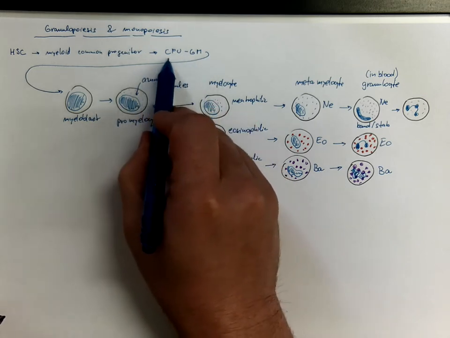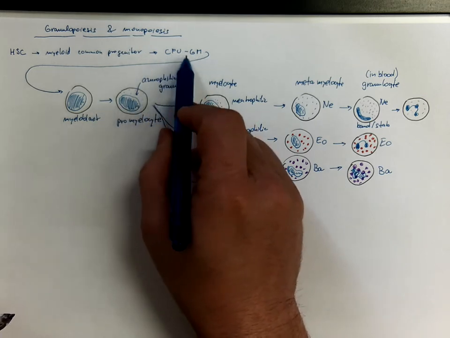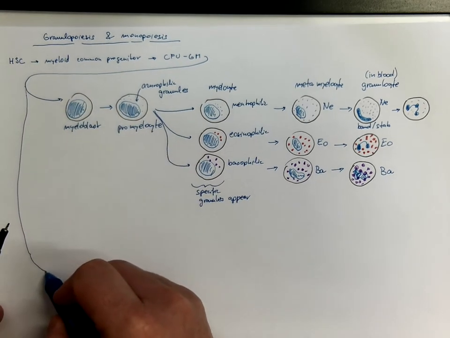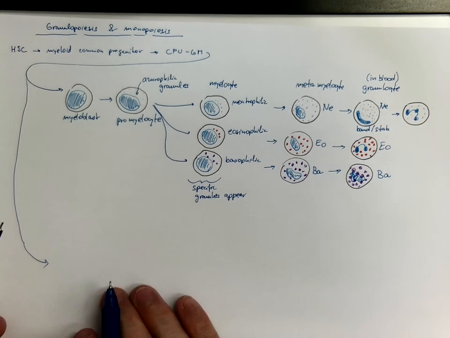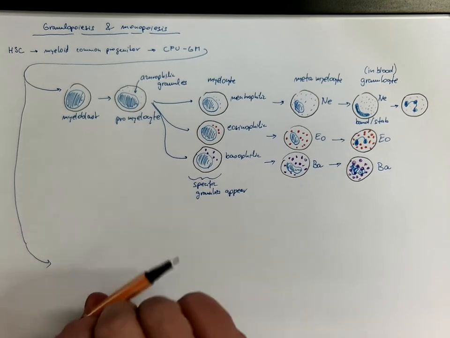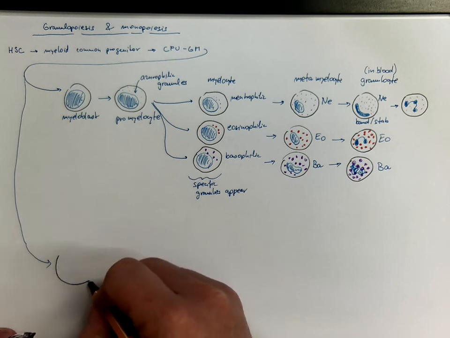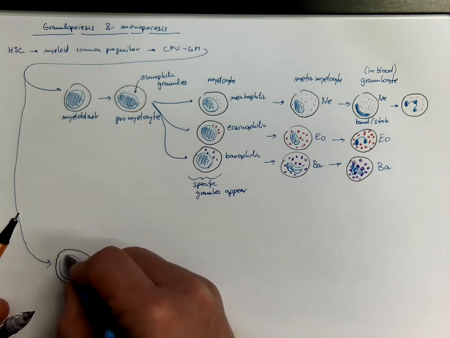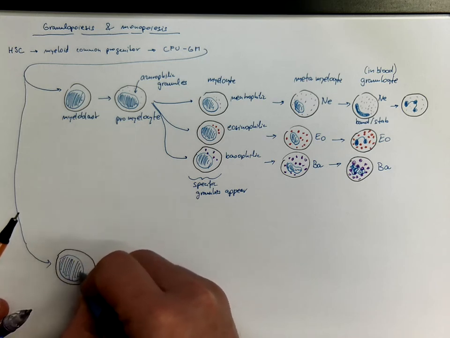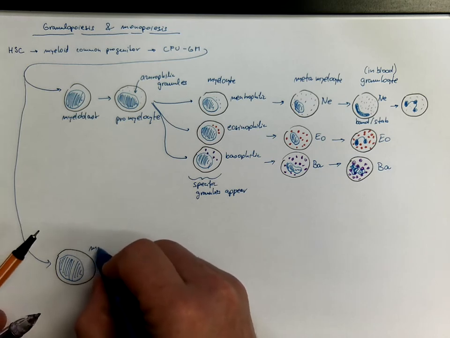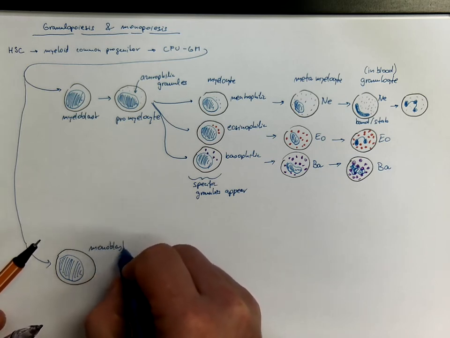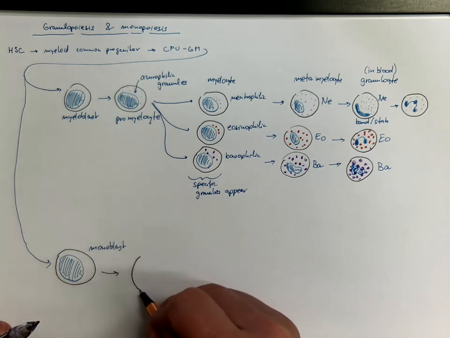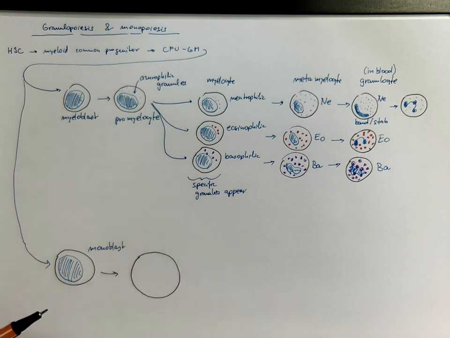Another cell that might differentiate from the same colony-forming unit would be the monoblast. That matures into a cell called promonocyte.